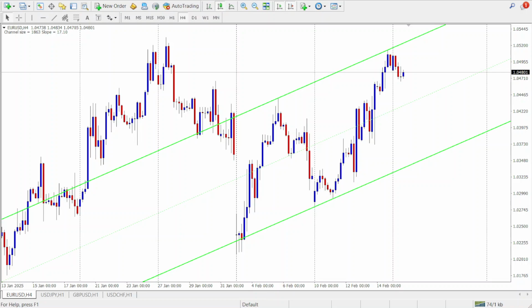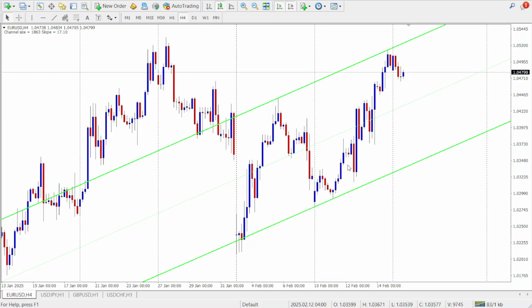It's a technical analysis tool that automatically identifies trend channels on your chart. Unlike drawing trend lines manually, this indicator does all the heavy lifting for you by detecting support and resistance zones, market trends, and breakout levels in real time. It works by analyzing historical price data and dynamically adjusting the channel boundaries as price action evolves.